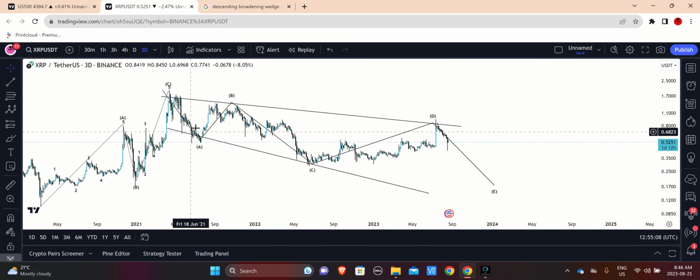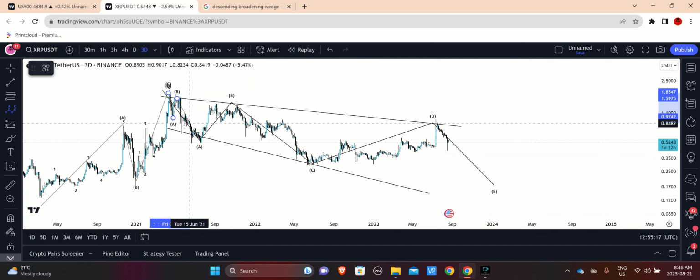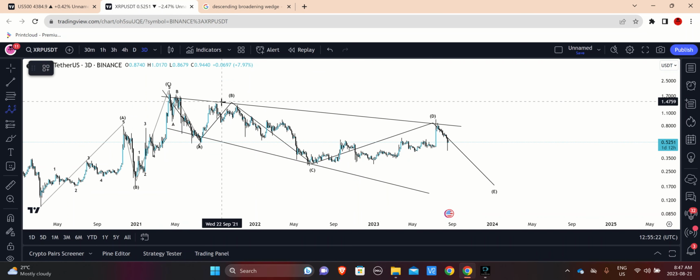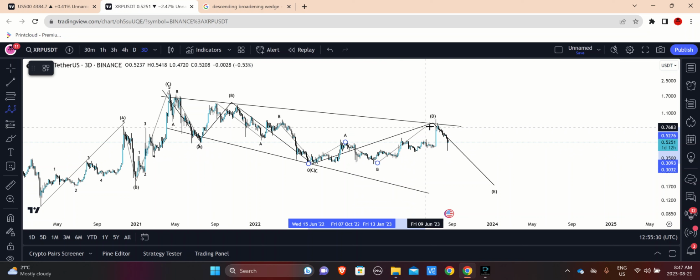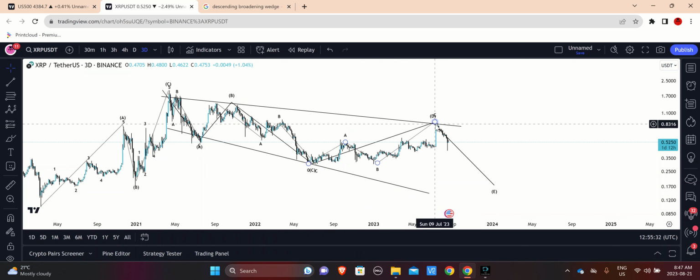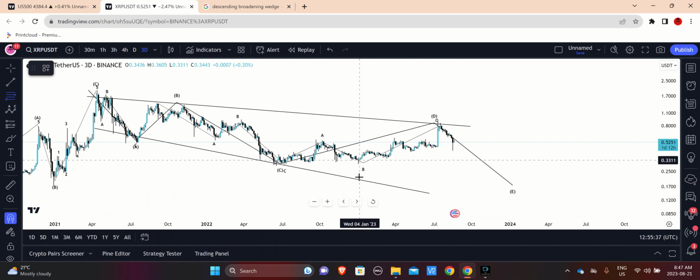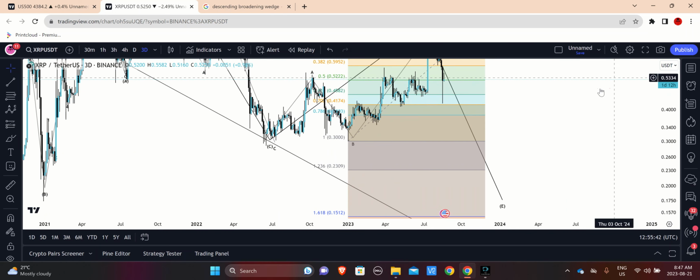And you can see here how there are 3 waves within each wave. So this is your A, B, and your C. This is your A, B, C, and another A, B, C. So there's A, B, C within each wave.